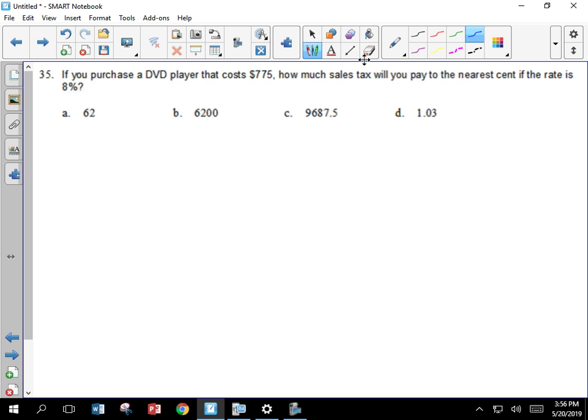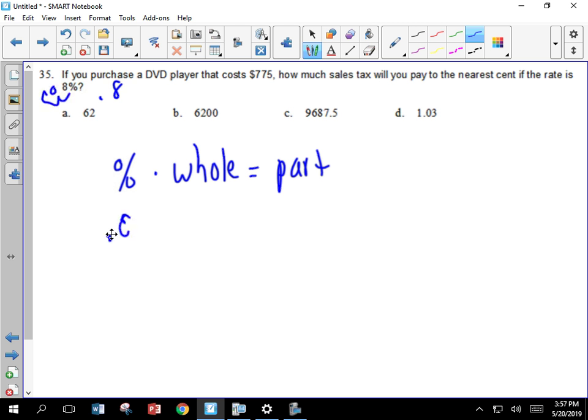If you purchase a DVD player that costs $775, how much sales tax will you pay? So I'm going to do this the same way, percent times whole equals part. Okay, I know the percent. Now, a lot of people with 8% have been putting 0.8. You move it 2 decimal places. 1, 2. So it's point. Ooh, that's bad.